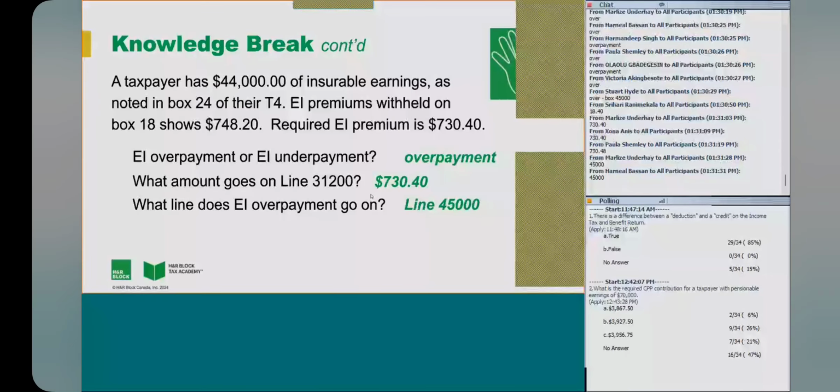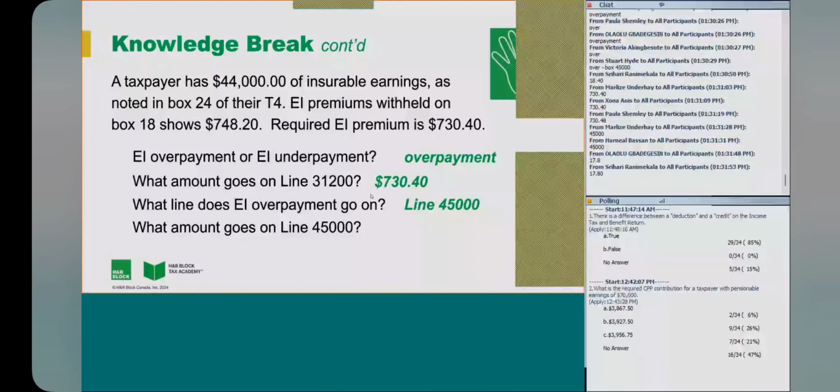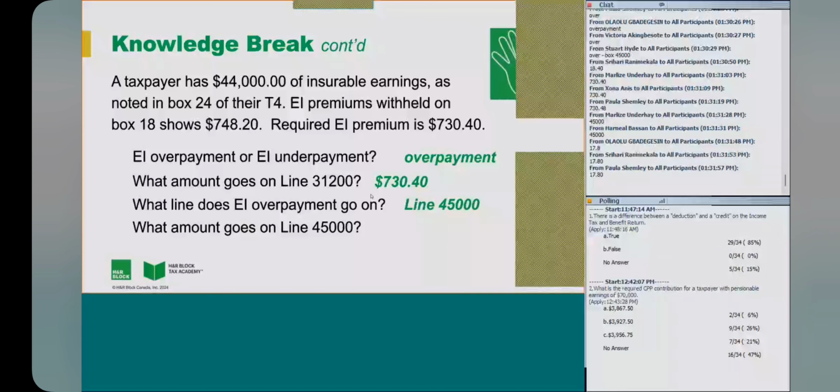And what are we going to put on line 45000? Good. $17.80. And remember, it's 80 cents. So $17.80. Try to get out of that habit, because it is 80 cents, not 0.8. Remember, we're always dealing with dollar amounts. So we never say $17.8. We say $17.80.